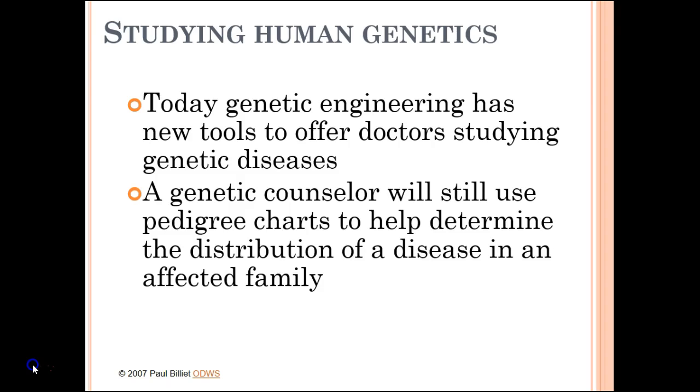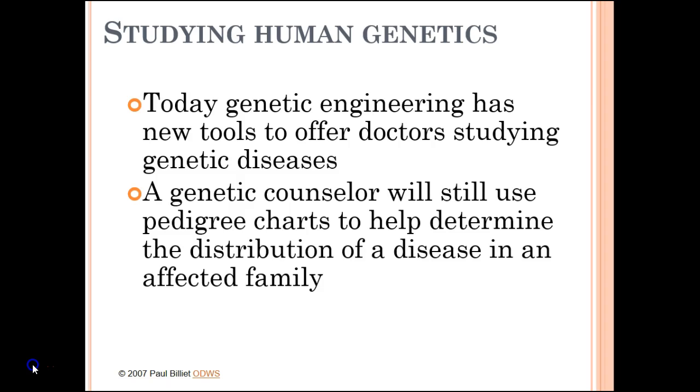Pedigree charts are used in the field of genetics. Scientists use them to study new diseases and to help establish the mode of inheritance, but also genetic counselors use pedigree charts to help determine the distribution of disease in an affected family.